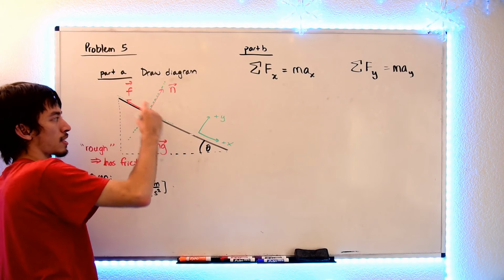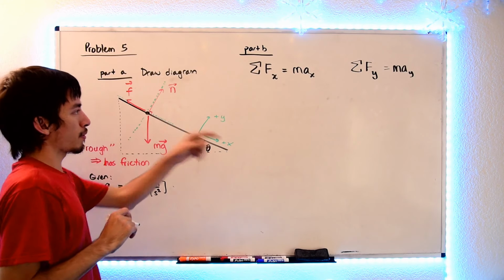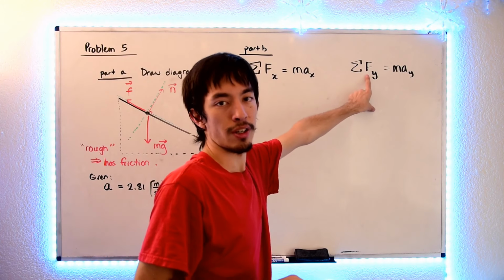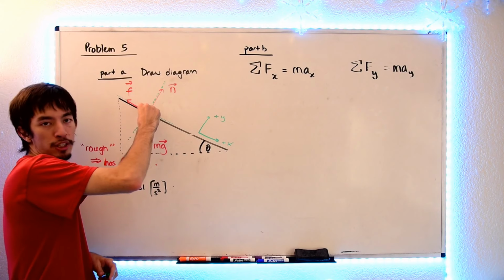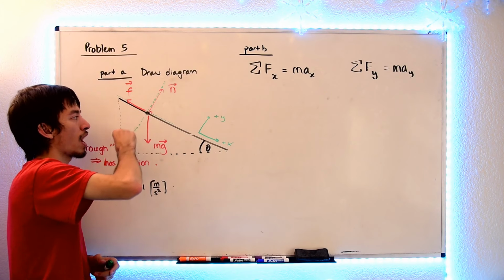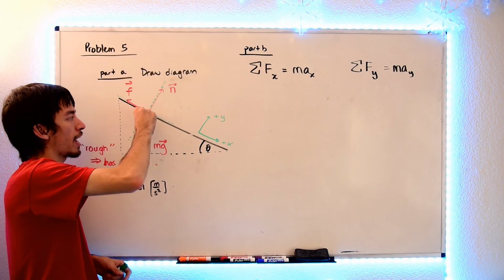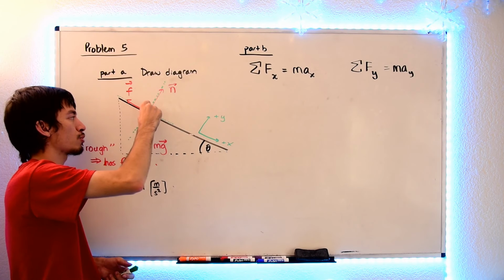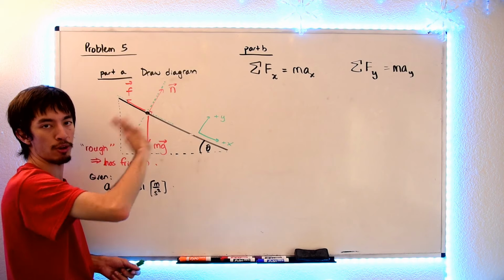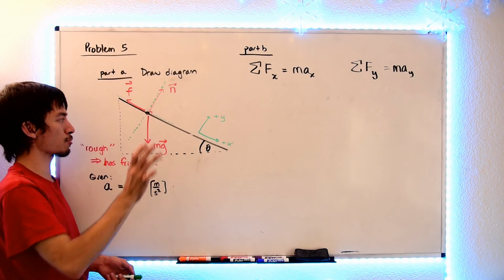So that's my coordinate system. If I'm going to do, let's say, sum of forces in the y direction, we need to ask, is this object going to be doing anything along this y-axis, which is tilted? The answer is no. The object will never go off the slide and the object will never sink into the slide, so there was no motion at all in the y direction ever in this problem.